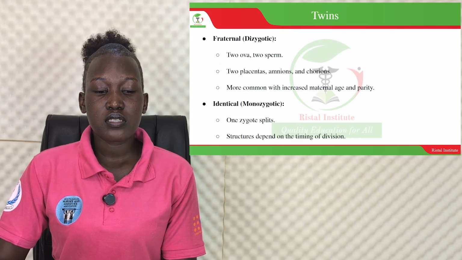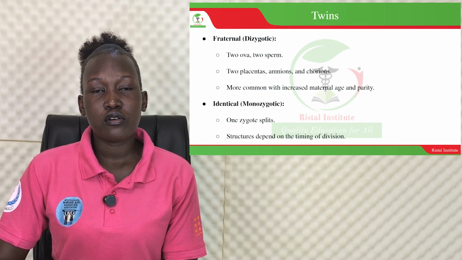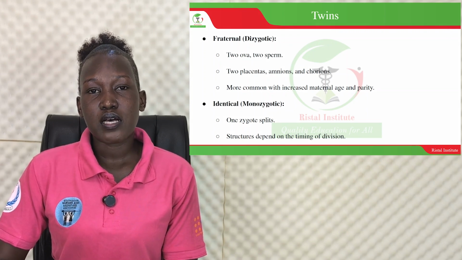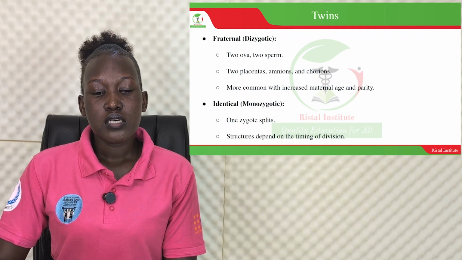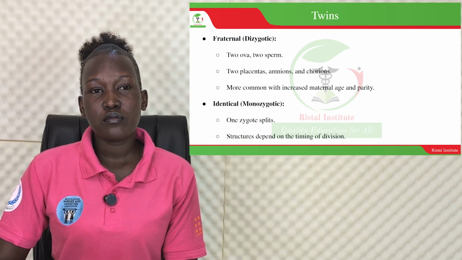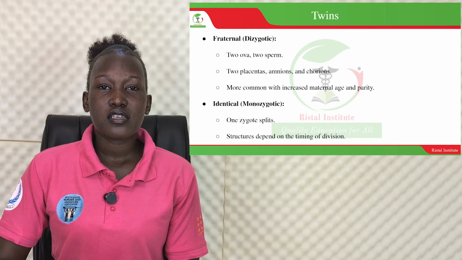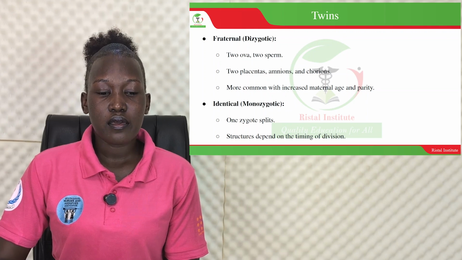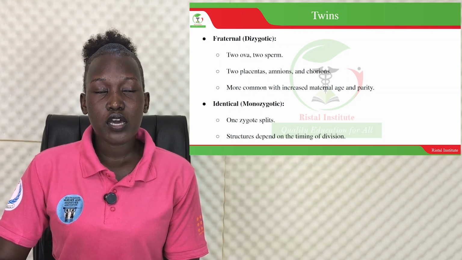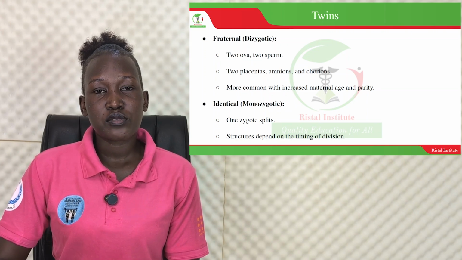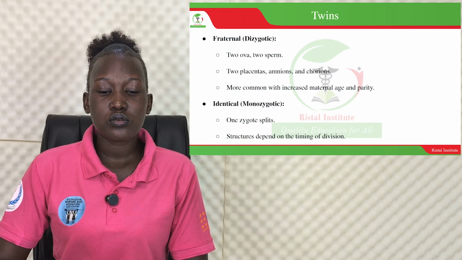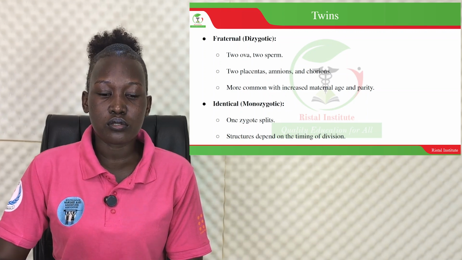If that happens, yes, there is possibility of you carrying twin pregnancy. So 1 sperm will fertilize 1 egg, and the other sperm will fertilize the other egg. So we have 2 ova and 2 sperm. When that happens, there is possibility of having 2 placentas, 2 amnions, 2 chorions, and all those things.